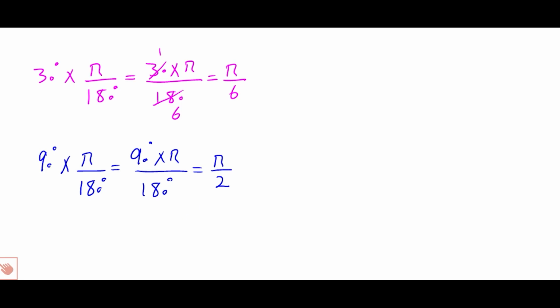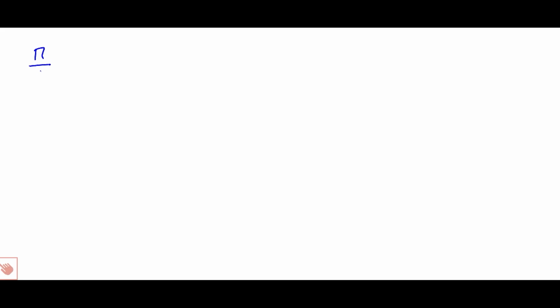Now I wanna introduce you to the common radian measures. You should definitely know these because they're used a lot in math problems. Pi over 6 or 30 degrees. Pi over 4 or 45 degrees. Pi over 3 in radians is equal to 60 degrees.